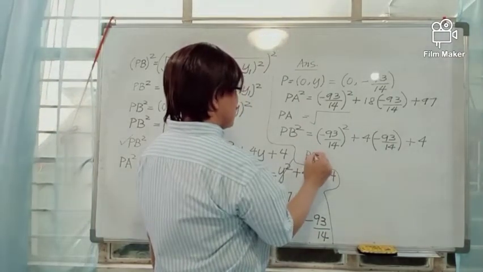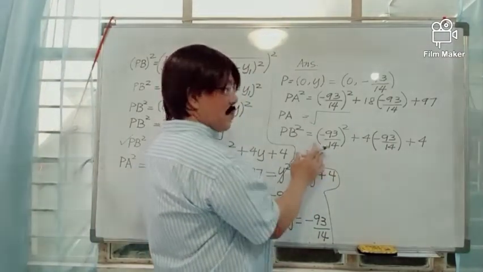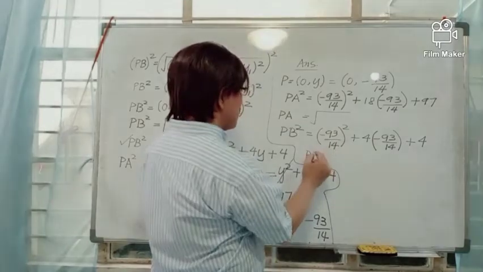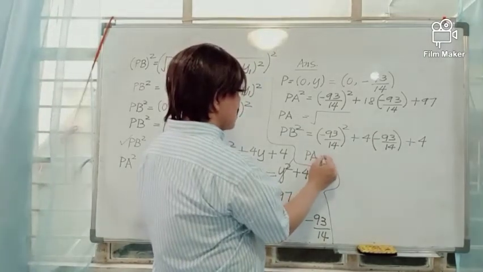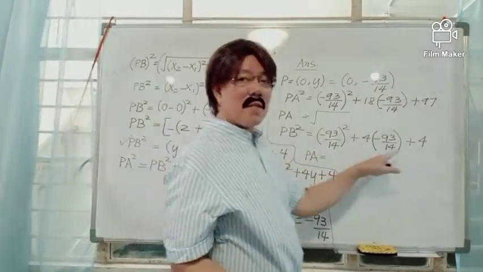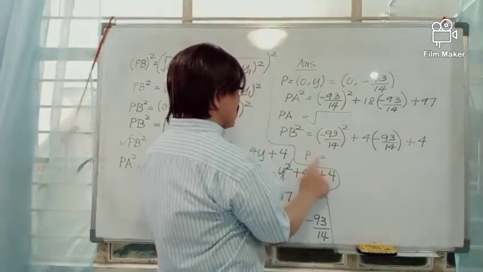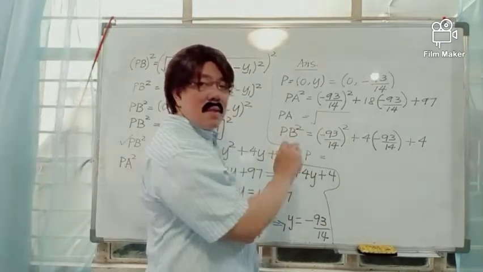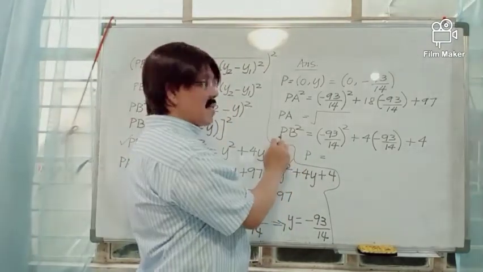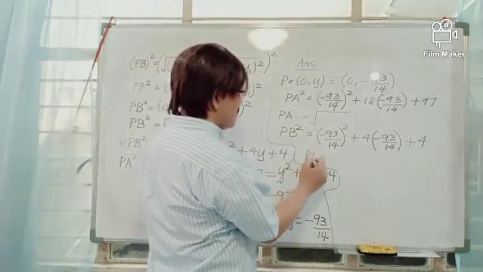And we will compute this again using a calculator. And after we computed the value of the right hand side, we take the root for the distance between the points P and B.